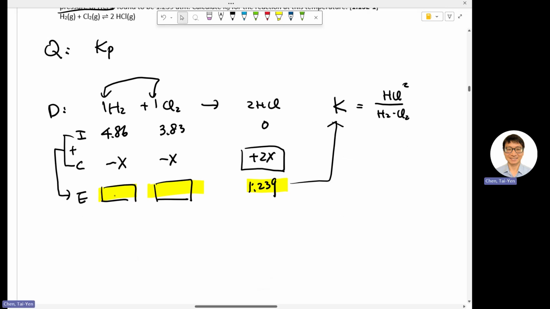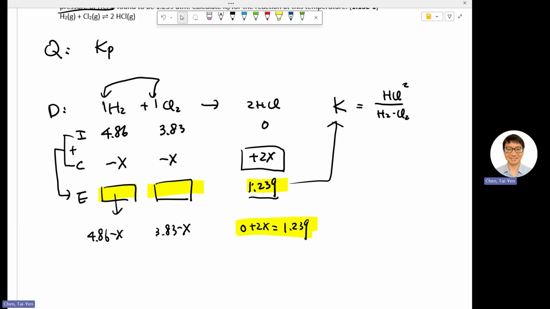Therefore, you know this one will equal 4.86 minus x. This one will equal 3.83 minus x. This one will equal 0 plus 2x. They will equal 1.239. This is important because this equation allows you to figure out what x is.